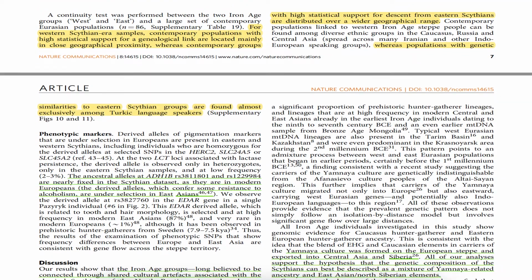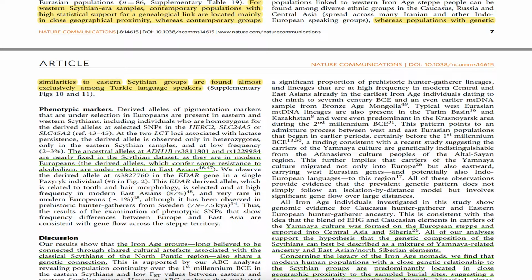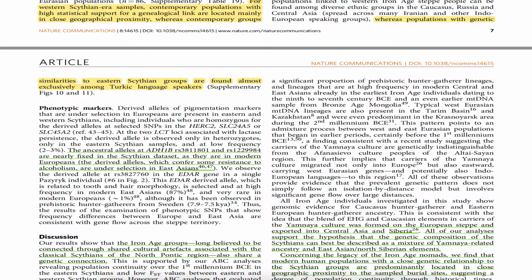So, but this one right here, here we go. The ancestral alleles at ADH1B rs3811801 and rs1229984 are nearly fixed in the Scythian dataset as they are in modern Europeans; derived alleles, which confer some resistance to alcoholism, are under selection in East Asians.